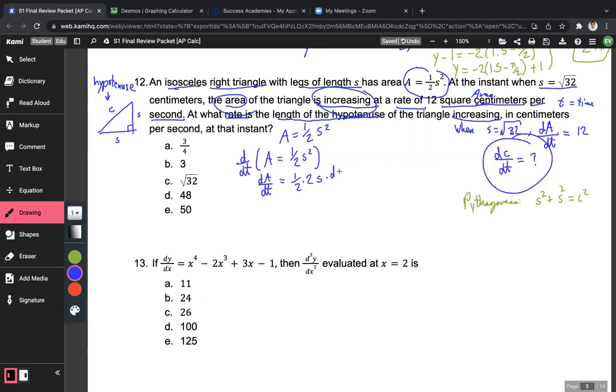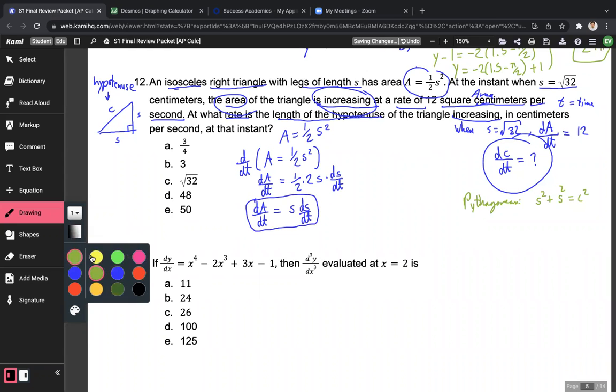And I need to do my chain rule because s is also changing with time, so ds dt. So I have dA over dt equals 1/2 times 2, which is just 1, s times ds dt. I'll come back for you in a minute. But here's one of my derivatives.